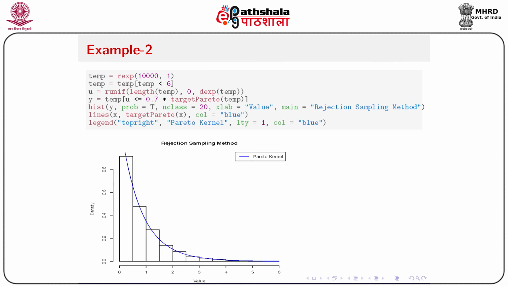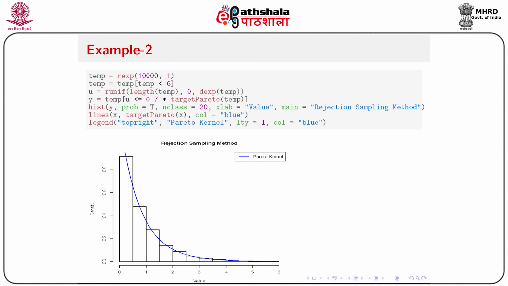So now we can assign temp equals rexp(10001), and temp equals temp less than 6. We'll take all the temp values, I mean the exponential variates, from 0 to 6. So we are restricting up to 6.